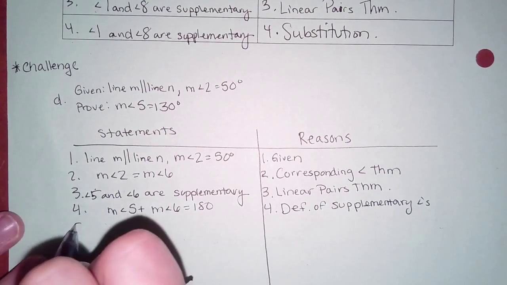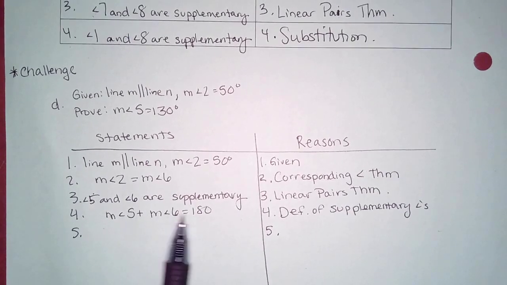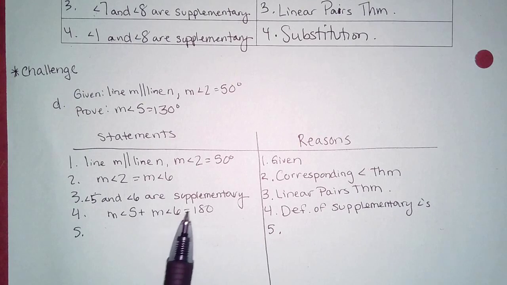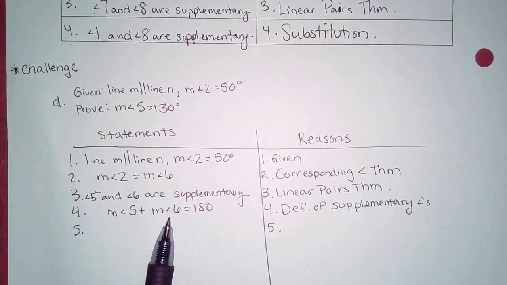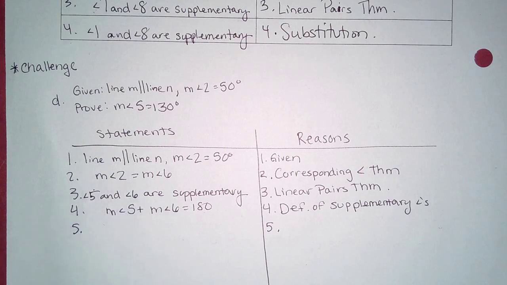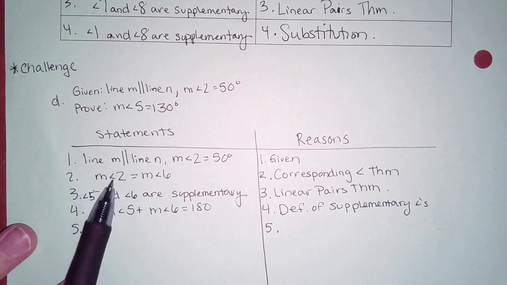Step 5. Okay, so let's see here. I know that angle 5 plus angle 6 is 180. I also know that angle 2 and angle 6 are the same thing. So what I could do right now is instead of this measurement angle 6, I can plug in angle 2 into its spot.